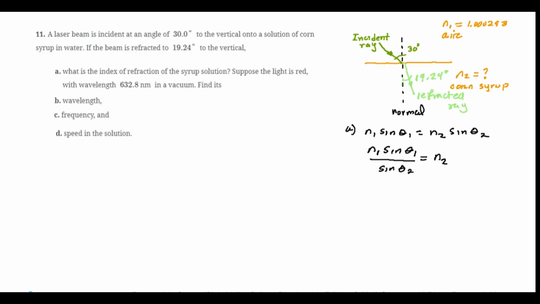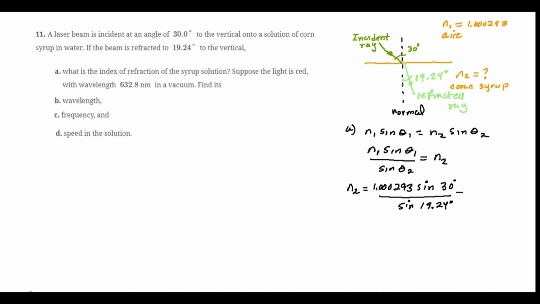We substitute now. And we get that n sub 2 will be equal to n sub 1, so index of refraction of the medium 1, which is 1.000293, times the sine of theta sub 1, which is 30 degrees, divided by the sine of theta sub 2, that is 19.24 degrees.